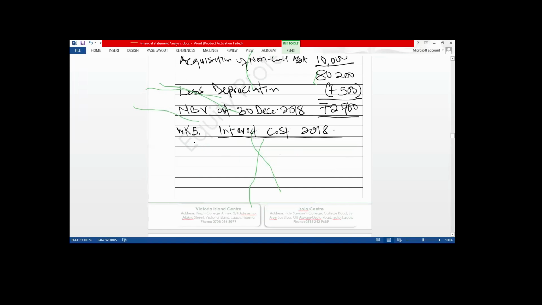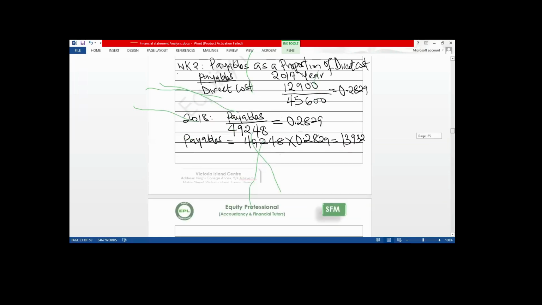You start with existing interest, 1,500. Then new interest. The new debt is 15 million. Let's show ourselves. Look at it.